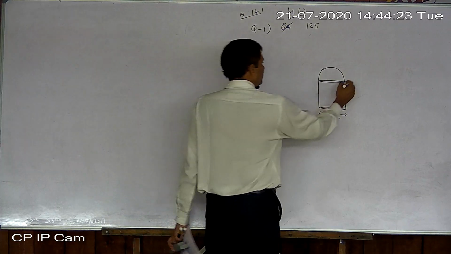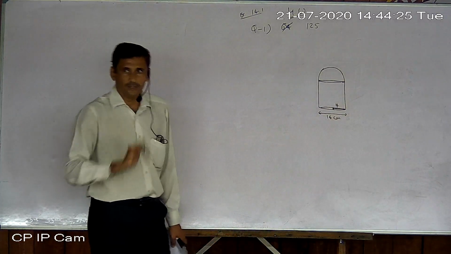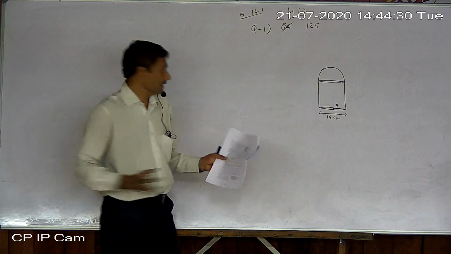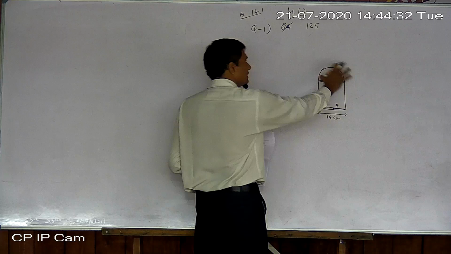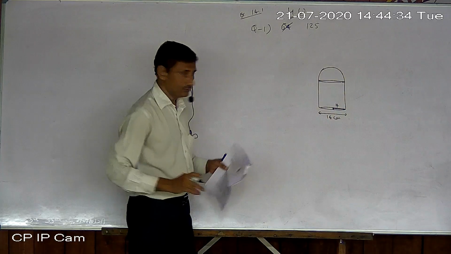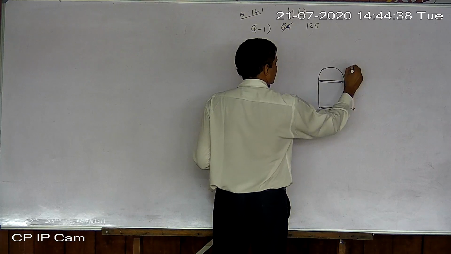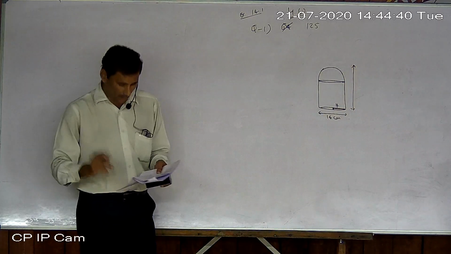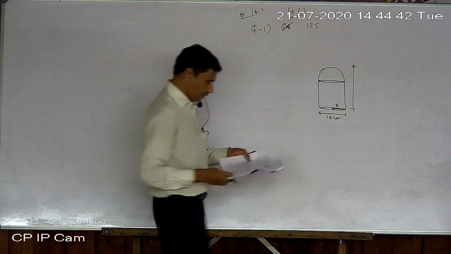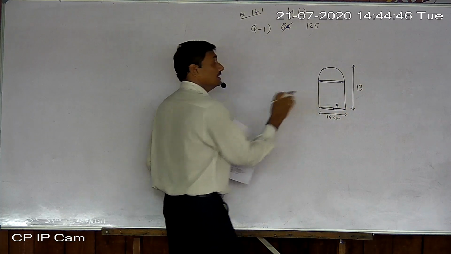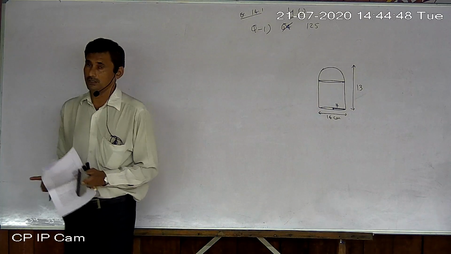Now, they have not given the height of the cylinder. They have given the height of the whole vessel. They are telling this combined shape as a vessel only. So the total height is given. How much is it given? 13. So don't take the cylinder's height as 13.